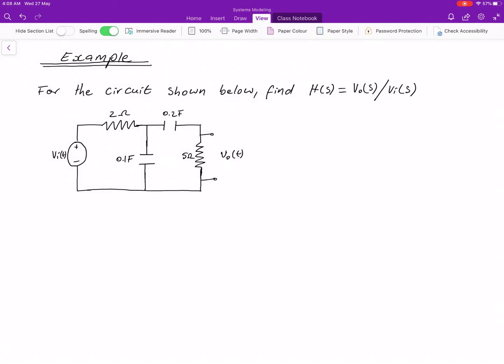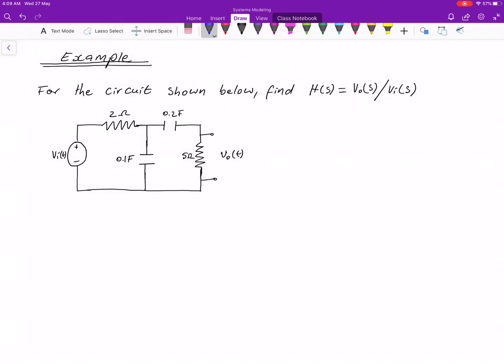And we have two capacitors in this circuit, and I want to use a different trick of redrawing the circuit in terms of its Laplace equivalent.